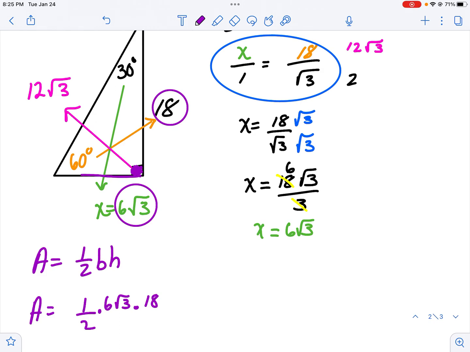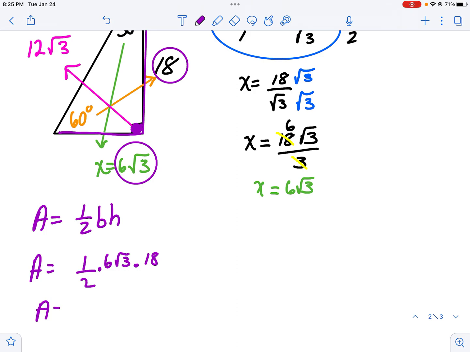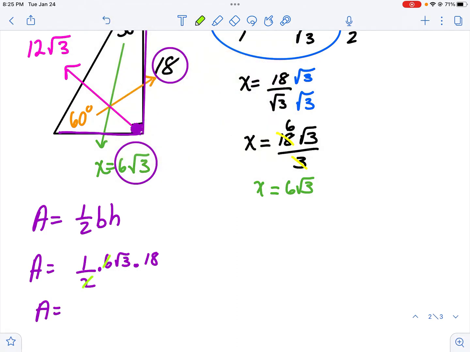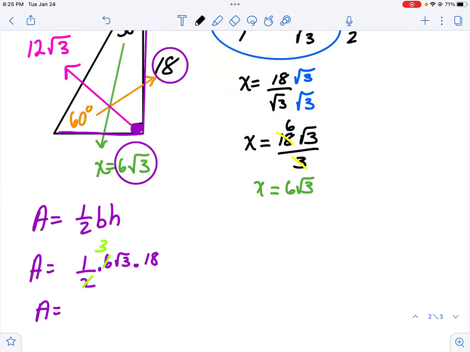Because the right angle is attached to the base, and the right angle is attached to the height. And so we do that math. Half of 6 is 3. And 3 times 18, that's going to be 54 radical 3 units squared.